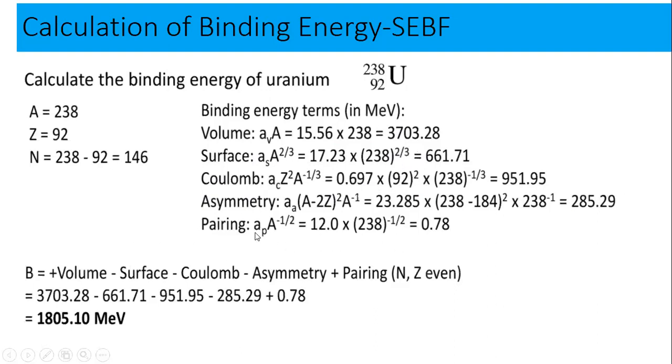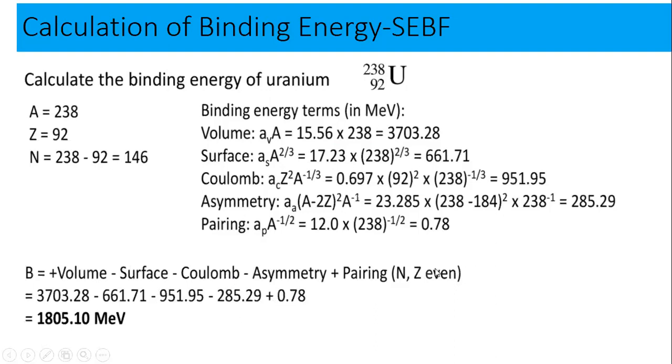And for the pairing term, this is 12 to the power minus 1/2, and the calculation of this one will be 0.78. Because there is an even number of protons and an even number of neutrons, it has a positive contribution towards the binding energy formula.